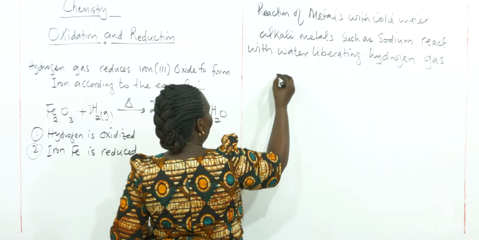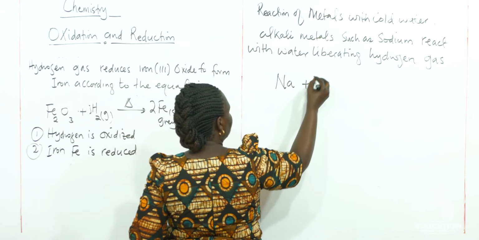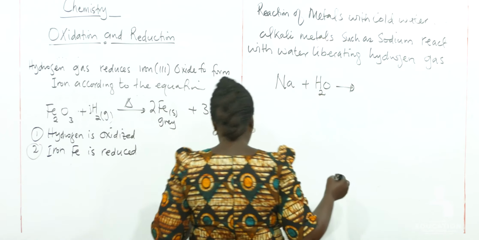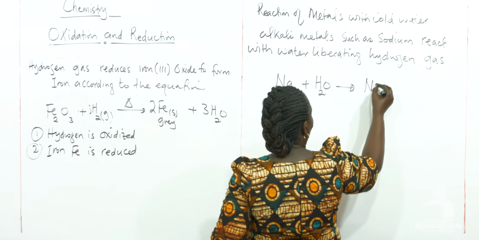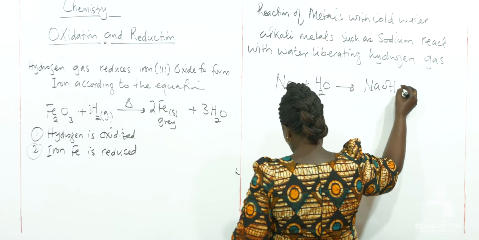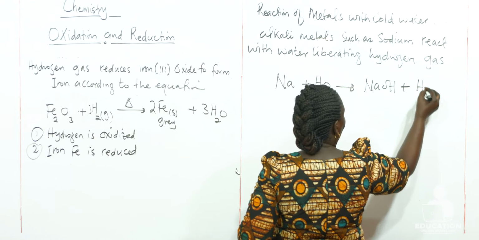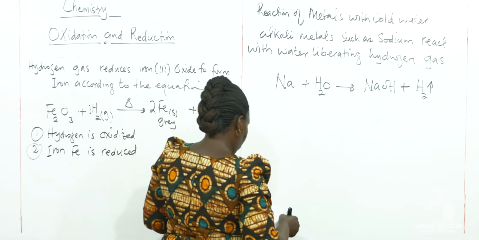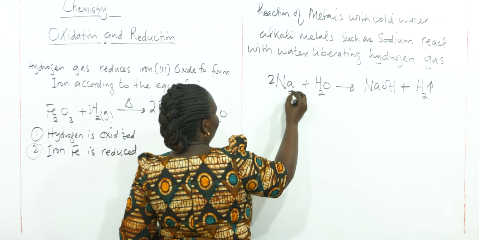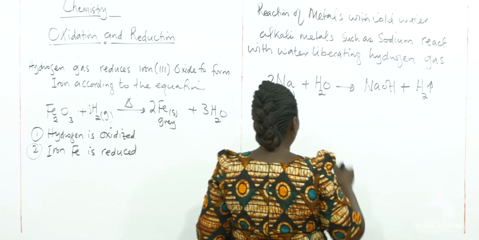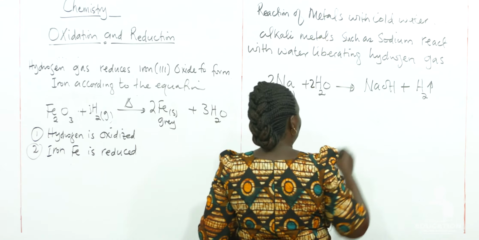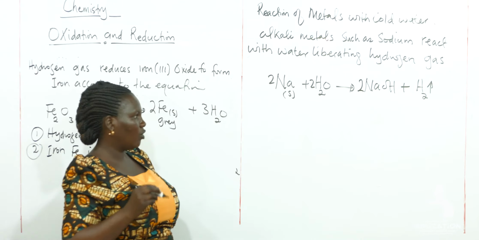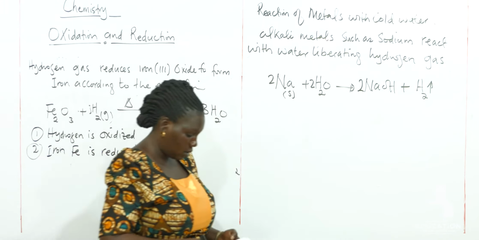We have sodium metal plus cold water gives us sodium hydroxide, that is a base, plus hydrogen gas. So we have 2 moles of metallic sodium plus 2 moles of water giving us 2 moles of sodium hydroxide plus hydrogen gas.